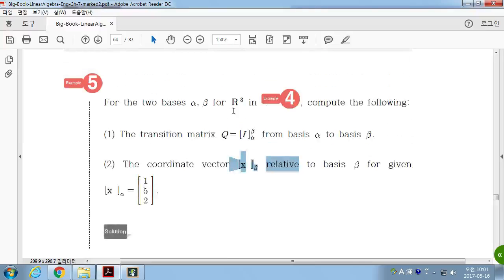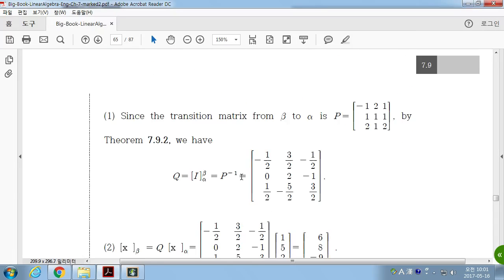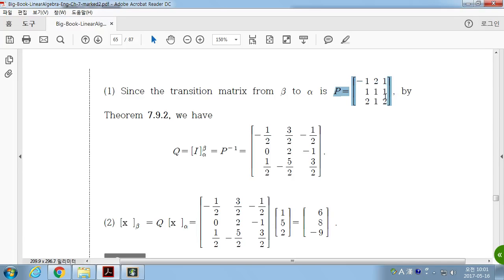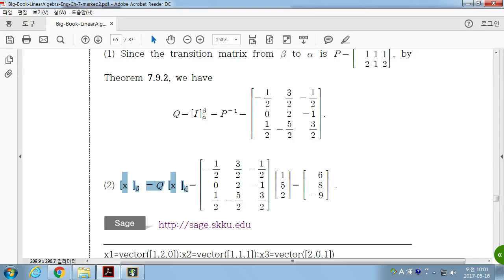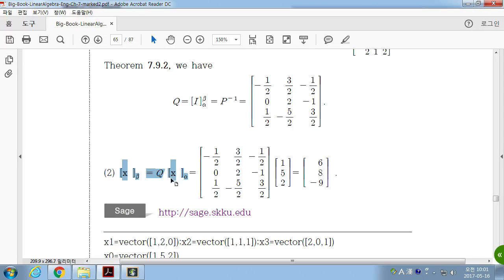Since in example 4 you found the matrix P, so P was this. So Q is just P inverse. So P can be found easily, and this also has a relationship like this. Okay? So see, now you have Q and the coordinate vector of X with respect to alpha, so you can easily find the coordinate vector of X with respect to beta.